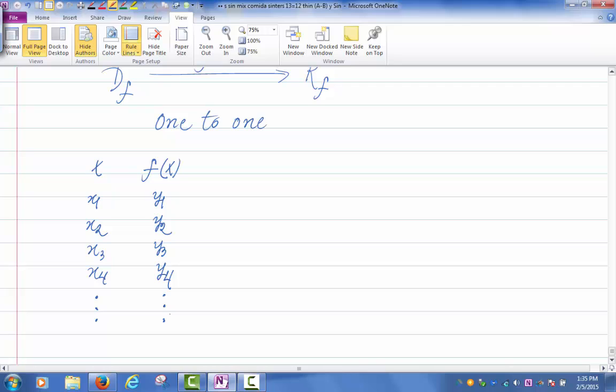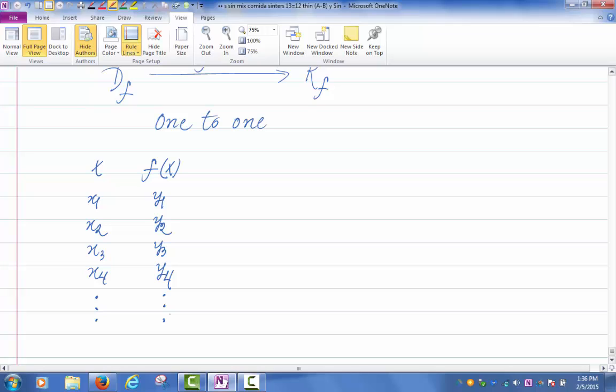So let's say the first column contains all the distinct input values, and second column contains all the distinct range values. So the first column doesn't have the same number twice, okay? The second column does not have the same number twice, okay?